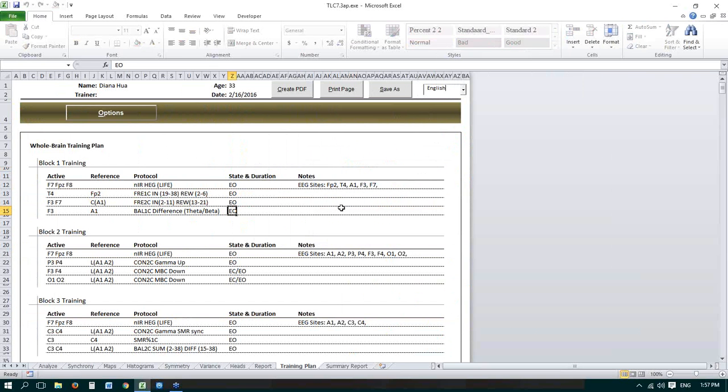This is also printable. I print one of these every 5 sessions and make my notes on it as I'm going through the session, but it gives me the various different kinds of things that you would train for this client.